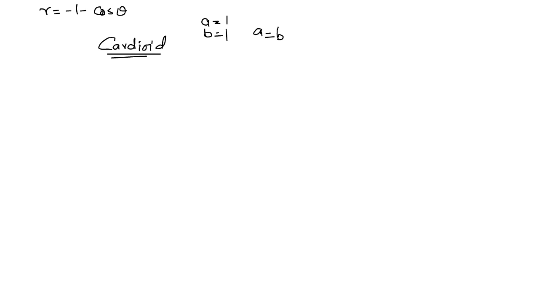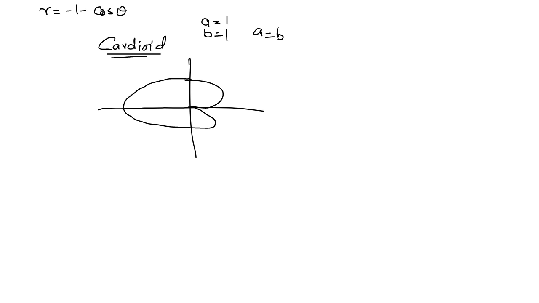But both are negative, so it will be in the opposite direction. So this is the direction. Okay, understand? Because it is cosine, it will be on the x-axis.